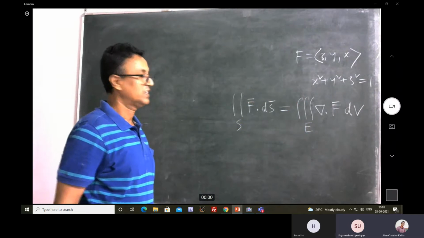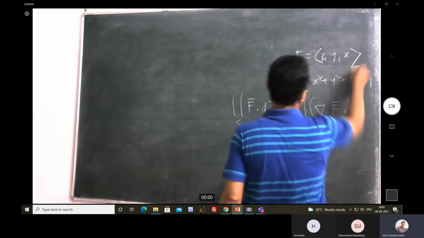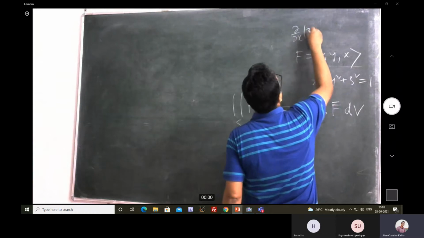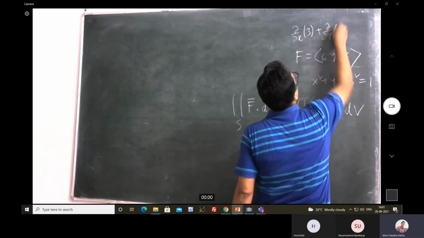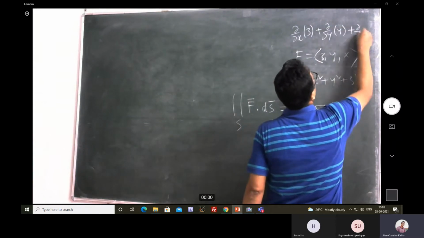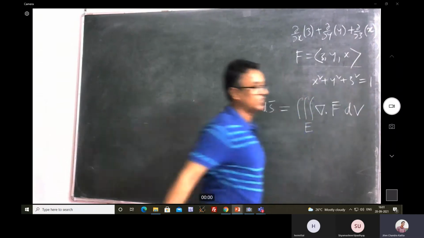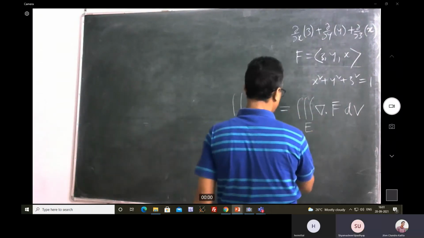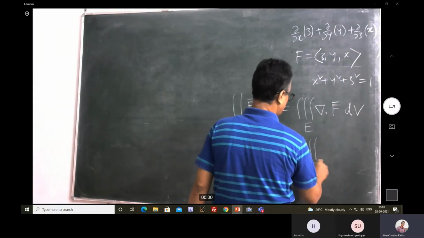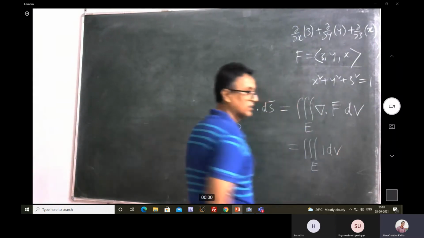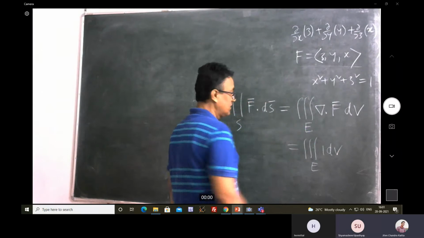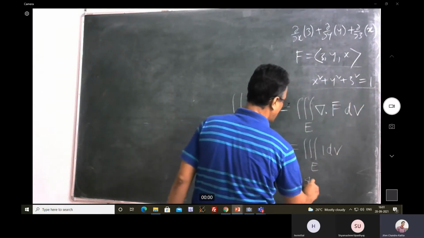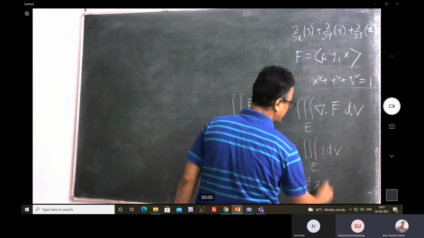right? Okay. So now if F is this, the divergence of F is going to be what? Del del x of z, del del y of y, del del z of x, isn't it? So this is simply going to be the integral of 1 dV, right? This is simply the volume of E, and for the sphere, the volume of E is 4 by 3 pi r cubed.